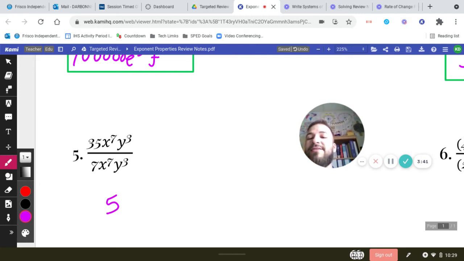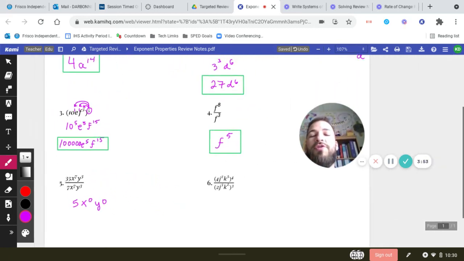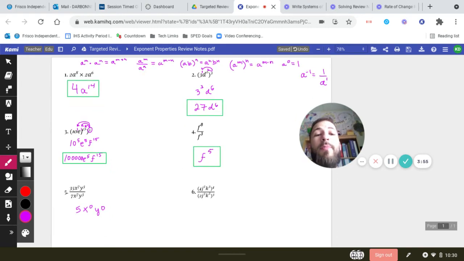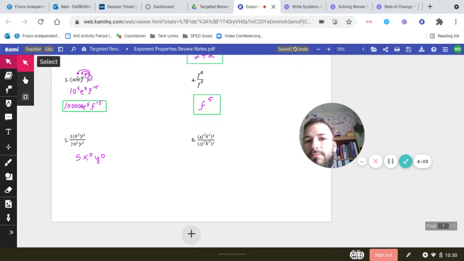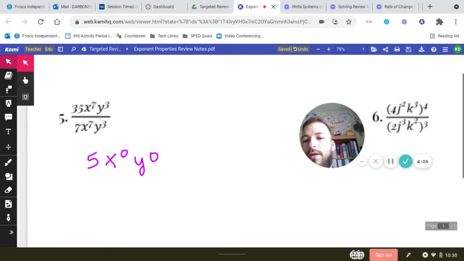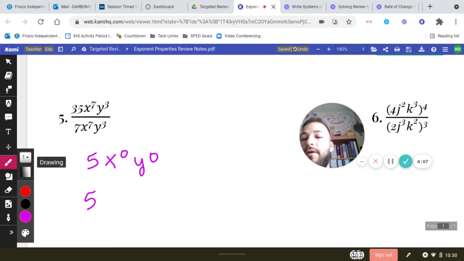X to the 7 over x to the 7. 7 minus 7 is 0, so that would become x to the 0. Y to the 3rd over y to the 3rd. 3 minus 3 is 0, so that becomes y to the 0. And then going over to my properties, anything to the 0 power is equal to 1. So this becomes 5 times 1 times 1, because this is still multiplication, of course, here in the middle, which would just be equal to 5 as a final answer.